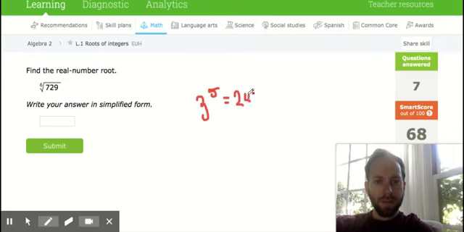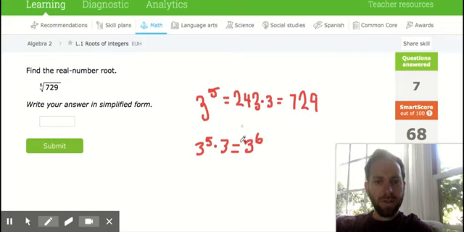So what number multiplied by itself 6 times? If we multiply this by 3 again, you'll see that we get 729. So here you can see when we do 3 to the 5th power times another 3, well, that's the same as 3 to the 6th power, right?